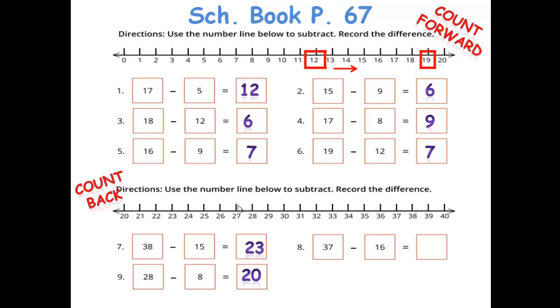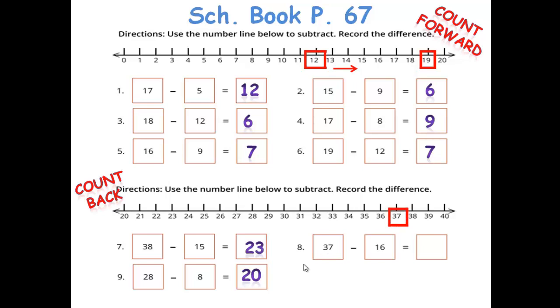37 minus 16. So which number will I start with? Big or small? Very good. The big. 37, because in counting backward, I put the big number and then count back.